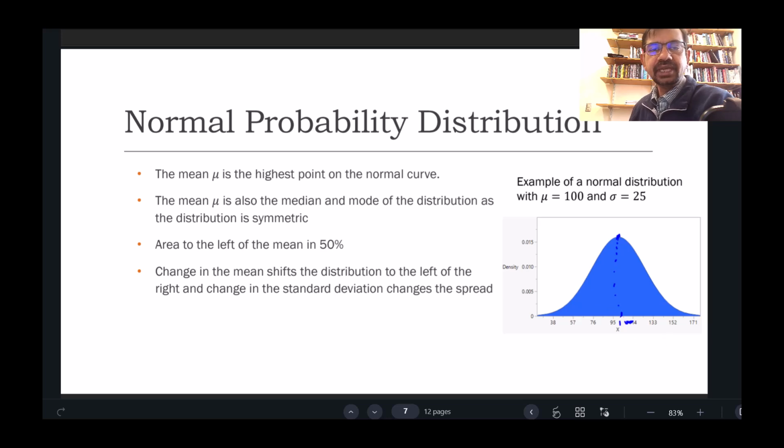For the same mean, if the standard deviation increases, the distribution will become wider. If the standard deviation decreases, the distribution will become narrower. So again, the change in the parameters will either shift the mass of the distribution or change the spread of the distribution.